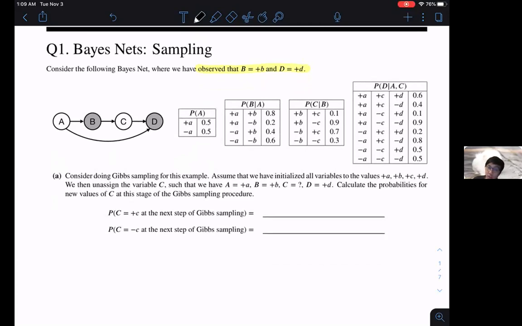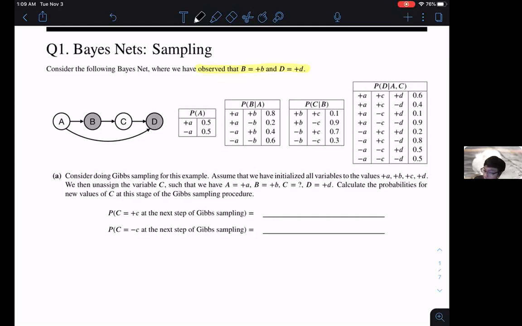Essentially, if you recall Gibbs sampling, the first thing that we do is arbitrarily assign each of our variables in the sample that we're taking. So for example, if I'm considering variables A, B, C, and D, I would arbitrarily assign values such as A equals plus a, B equals minus b, etc. And then I would make sure that all of my evidence variables are consistent with my evidence.